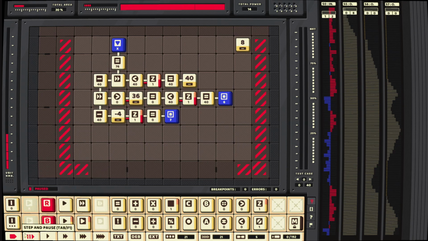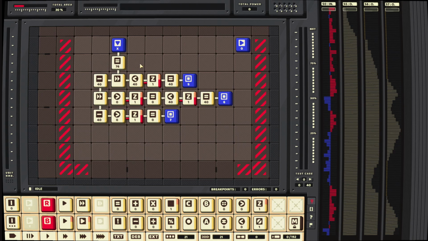There goes a 40. The 36 is ignoring something. Yeah, so that's what we wanted. I wrote 40, 36, and 0. Okay, so this idea is indeed fine, as I imagined.